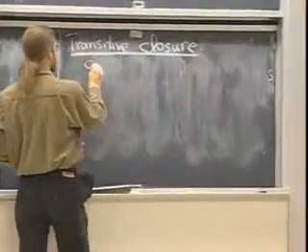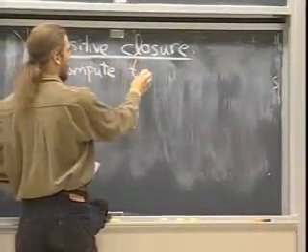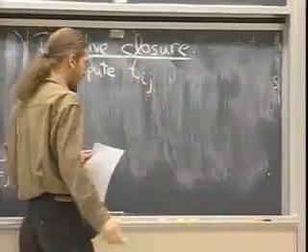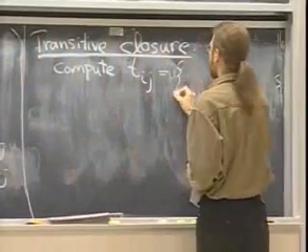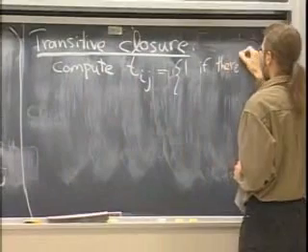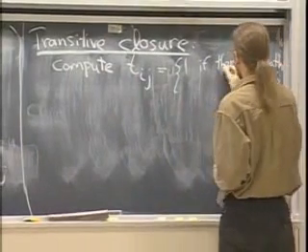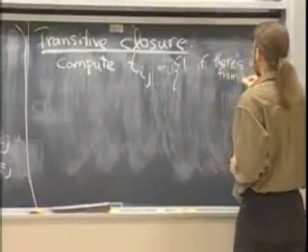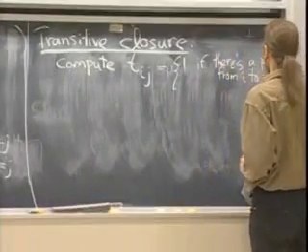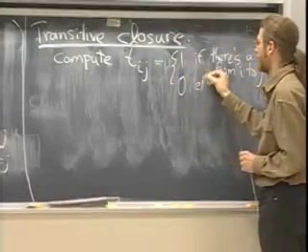So here's the transitive closure problem. I give you a directed graph, and for all pairs of vertices i and j, I want to compute this number. It's 1 if there's a path from i to j, and it's 0 otherwise.